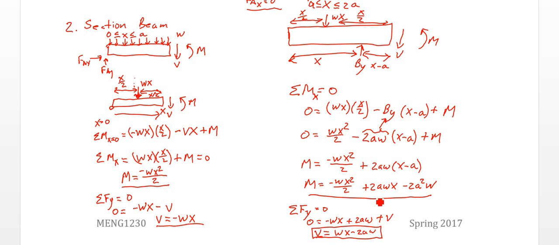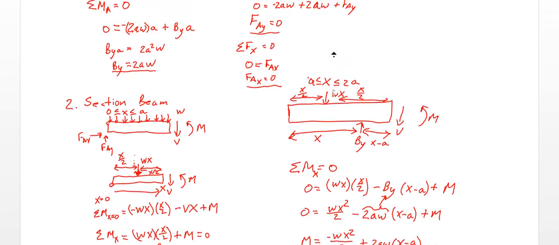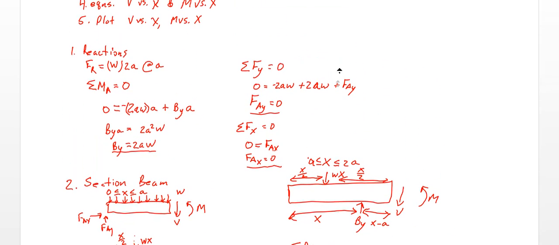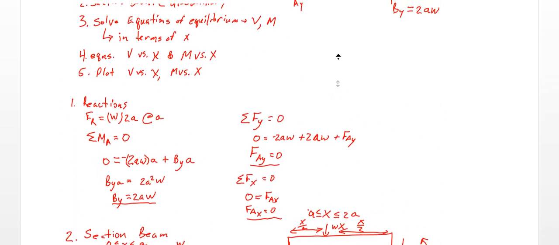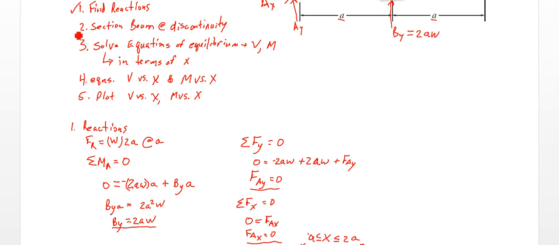Alright, so we have those parts. I'll show you in a moment what happens if I take my moments at 0. I can still get the correct thing. So I did my sections, I did my equations here. So I found equations of V versus x and M versus x. Now we can plot those.